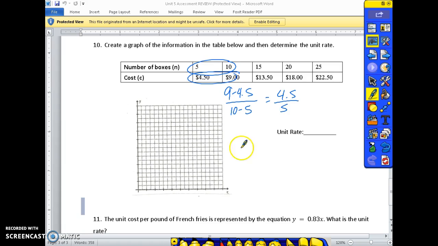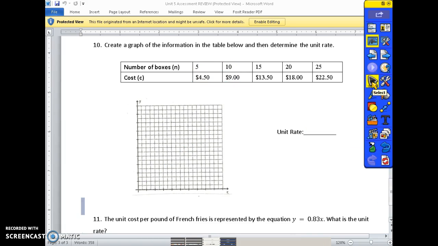And when I divide that to find how much, this is how much it costs for 5 boxes. When I divide that, I get that it will be 90 cents per box. And of course you can graph that by going to the right 5 and up 4.5, going over 9 and up 10, so on and so forth.